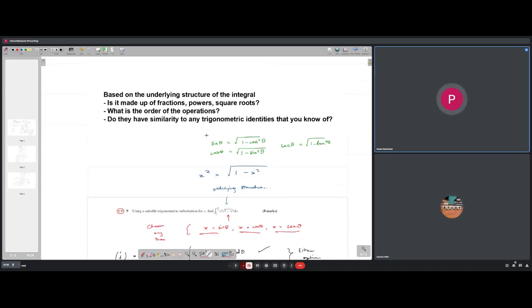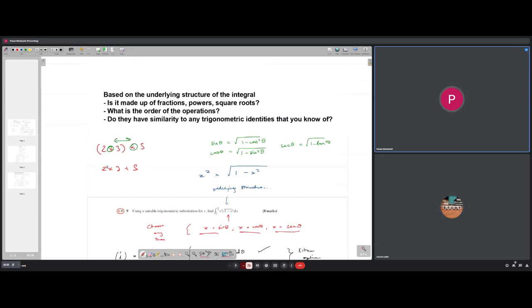What is the order of operations? For example, say you have 2 plus 3 times 5, it could be like 2 times 3 plus 5. The whole point here is the operators are in a different order.